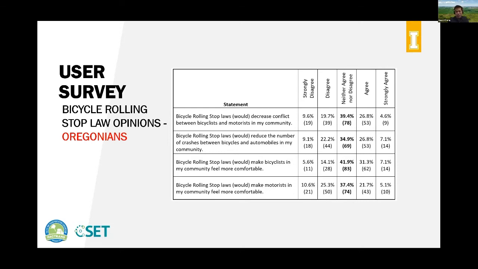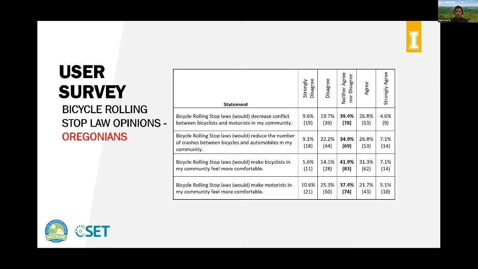And in the interest of time, I'm not going to go into too much detail, but what I think you can see at first glance is there is a relatively even split across these statements. Most of the responders, as highlighted in bold, weren't quite sure which side of the fence they wanted to be on. They neither agreed nor disagreed with the statement.